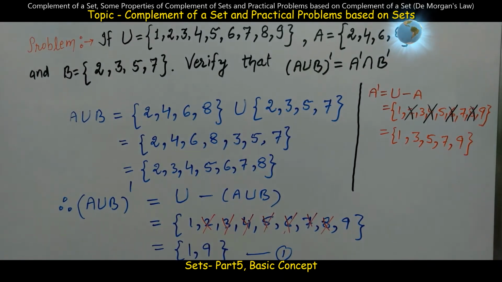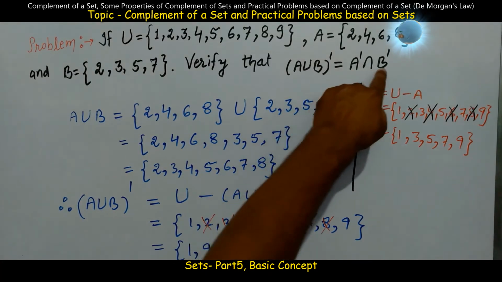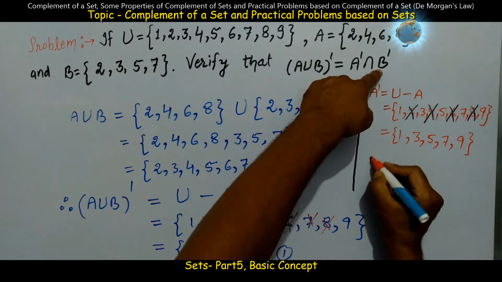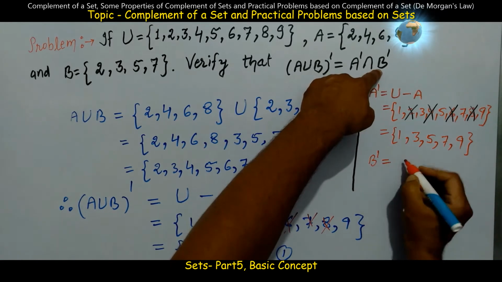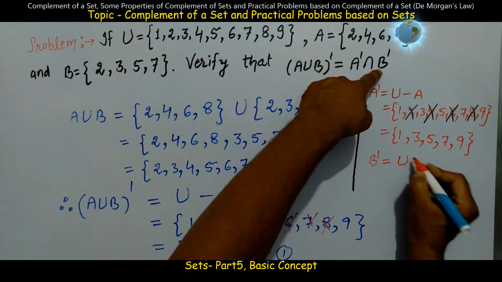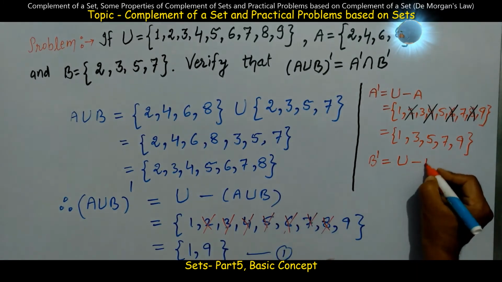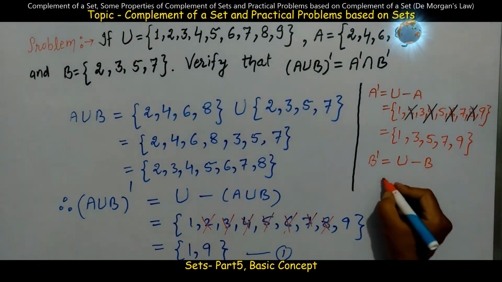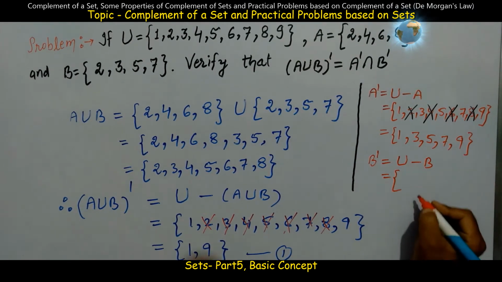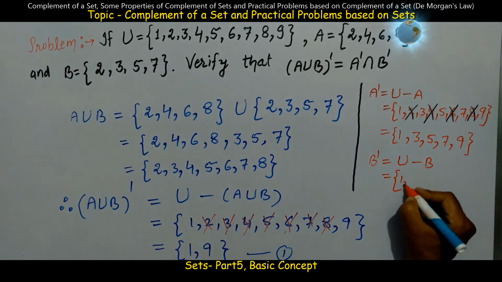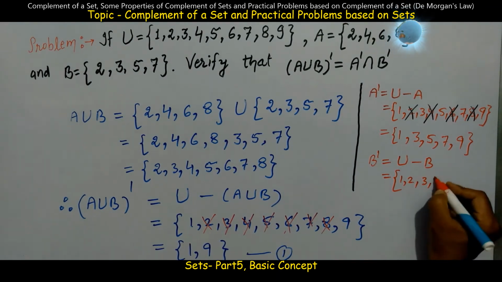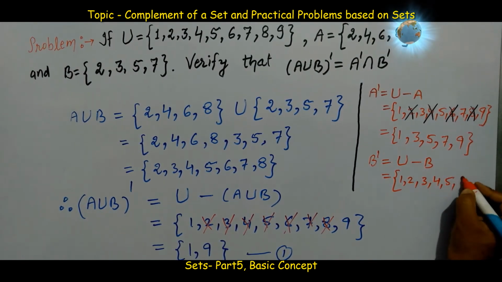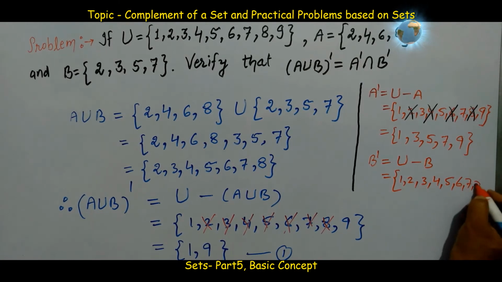After A complement, we have B complement. Again we write this as universal set minus the set B. Again we write all the elements of the universal set. They are 1, 2, 3, 4, 5, 6, 7, 8 and 9.